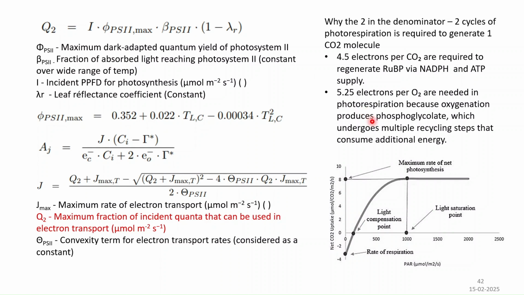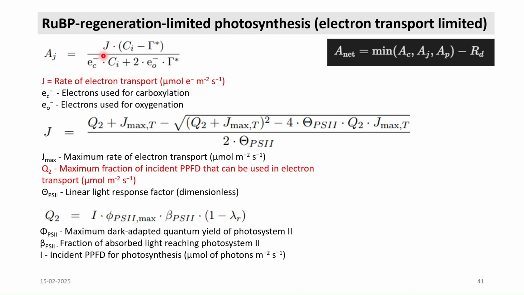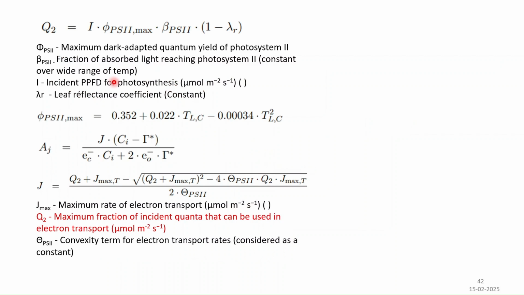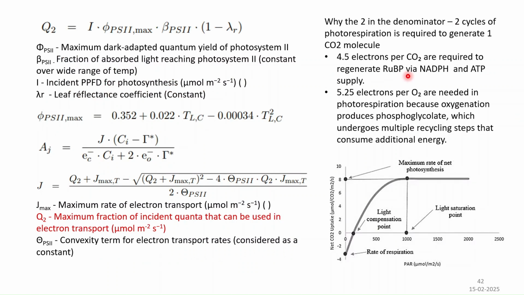Similarly, 5.25 electrons are required for every oxygen molecule for photorespiration to occur. So that is why when we come to this reaction, we give a 2 into 5.25. This value of E naught is used as 5.25 and Ec is used as 4.5 in the model.